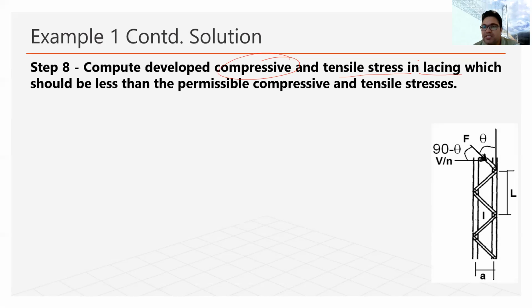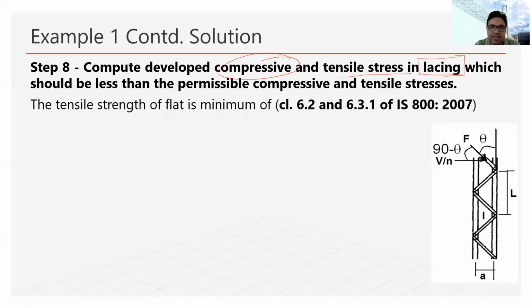I have already discussed this in the lecture on design of tension members. Based on that, we are going to find the strength of the lacing bar. In the case of a tension member, we generally find the strength of the bar in two aspects: one is rupture, and the other is gross yielding.